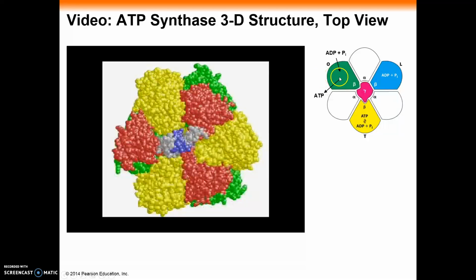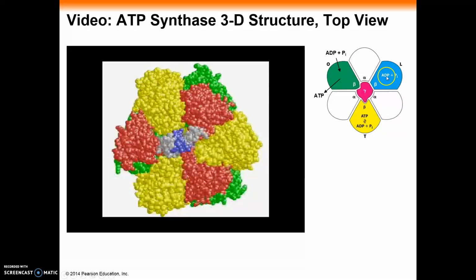So here we have the open form. This is, as the name suggests, open, allows ATP and phosphate to bind, or allows completed ATP to release. What happens is when you get rotation of this, it causes each subunit to shift conformation. So this open conformation will now shift to a loose conformation.